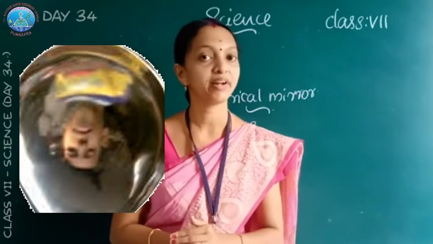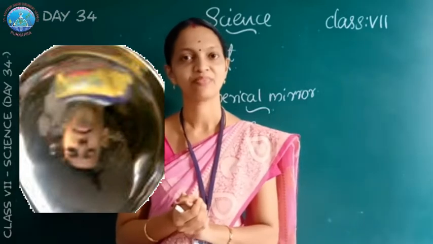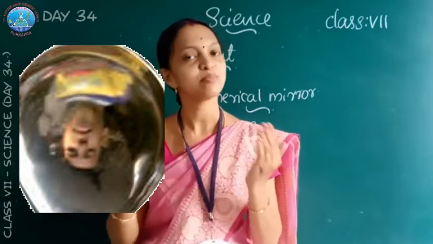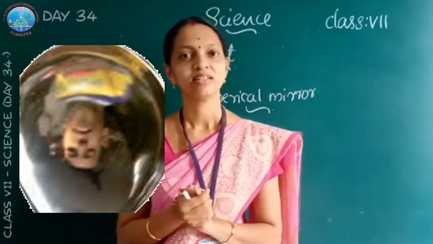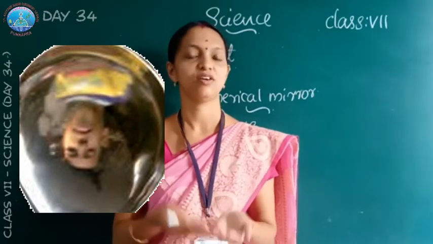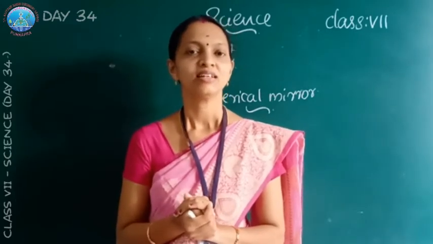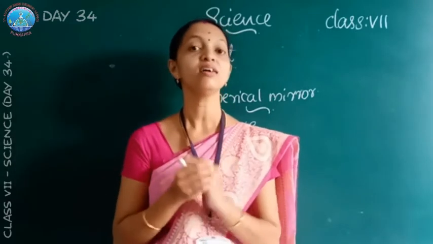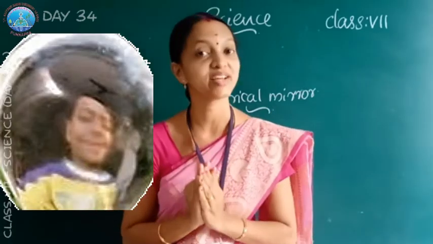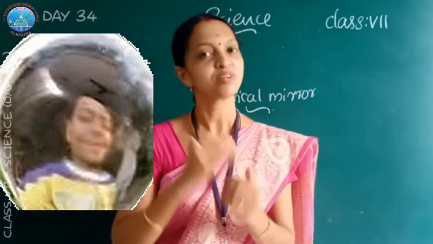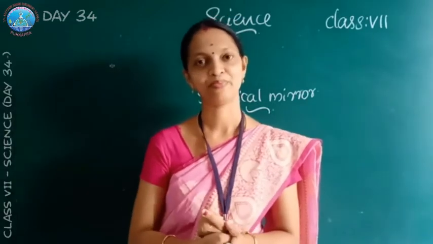The image is formed real and inverted, and it is the same size as the object. If the reflecting surface is convex, it is called a convex mirror. The outer surface of the spoon acts like a convex mirror.